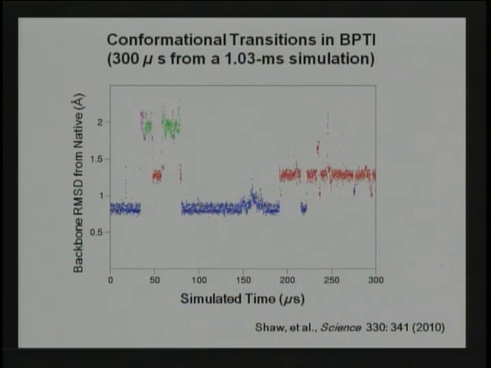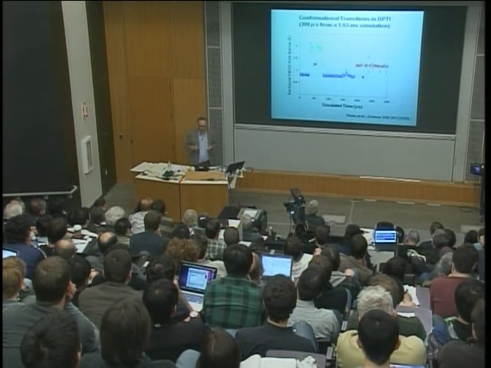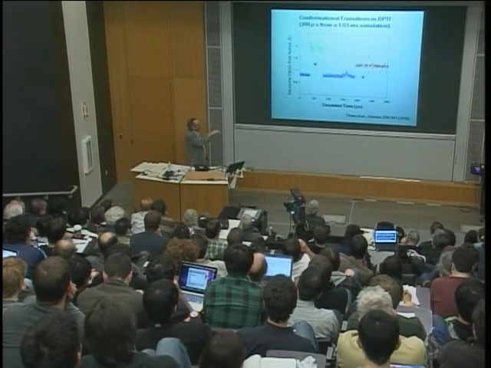So this is the one that happens to be closest to the native structure, and it's going to then bounce up to something that's more different. This is actually 2 different colors, but that's just a coincidence because they're very different structures, but they happen to be about the same distance away in this metric from the native structure. And we see transitions here.